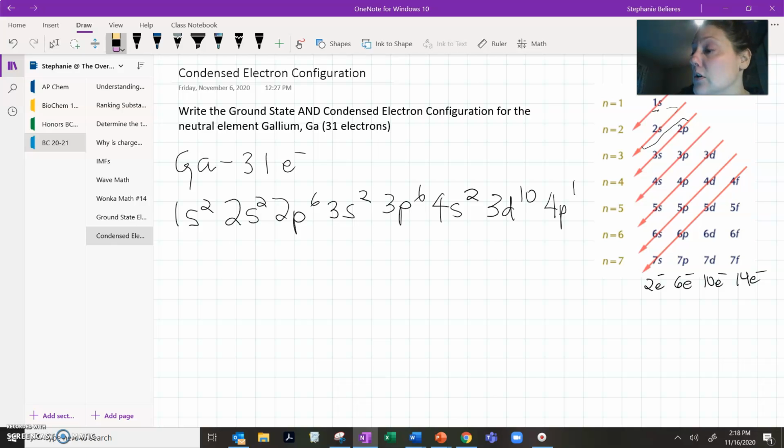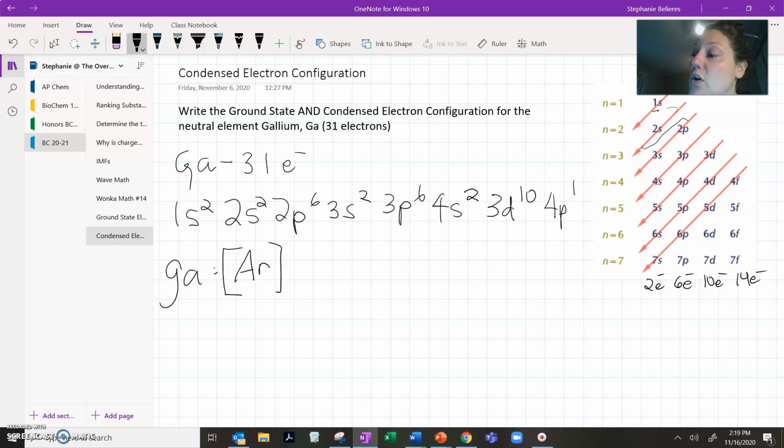This condensed electron configuration is sometimes called the noble gas electron configuration because you write the noble gas symbol in brackets. So for gallium, I'm going to write square brackets and put the noble gas we chose, argon.